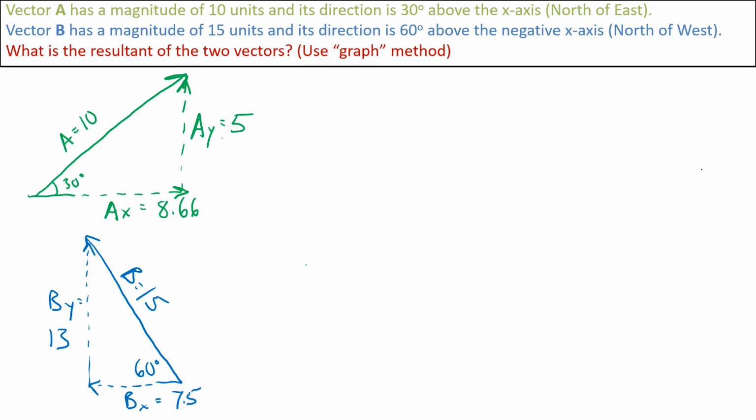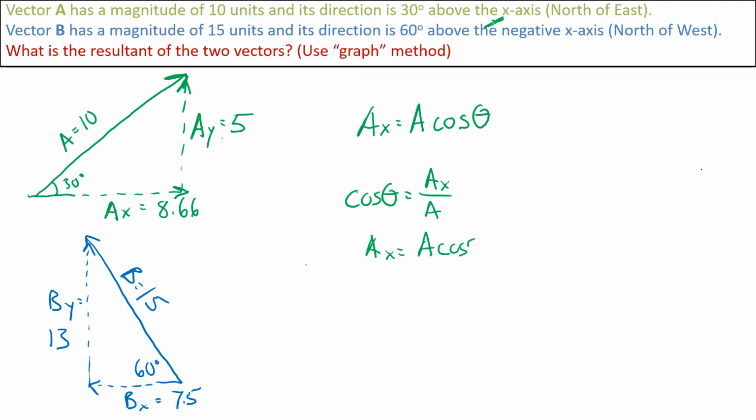So at this point, you should be pretty fast with the trig stuff. There is a shortcut if you wanted to. You can write Ax is equal to A cosine theta if the angle is adjacent to the x component. Because cosine theta is equal to adjacent over hypotenuse, and then you cross multiply and you get Ax is equal to A cosine theta.